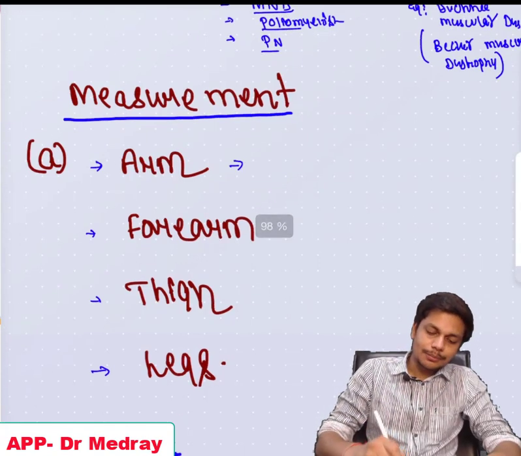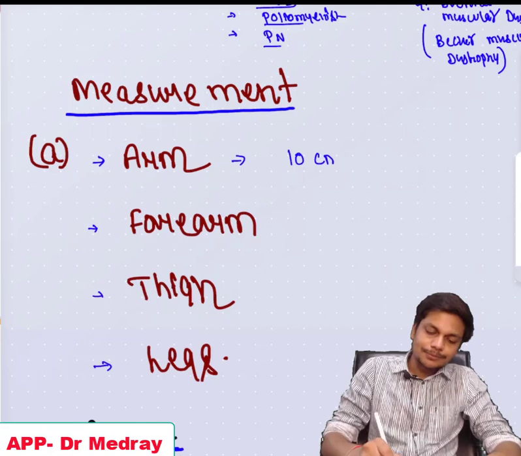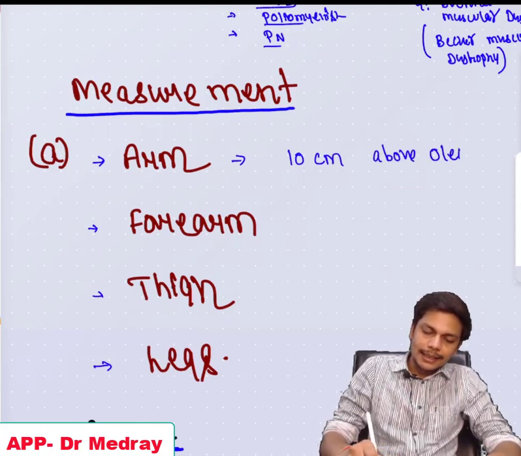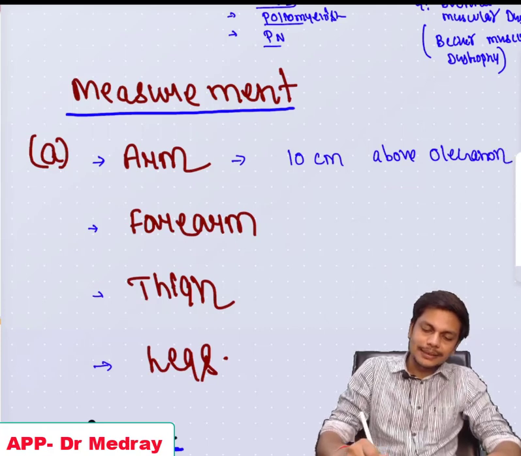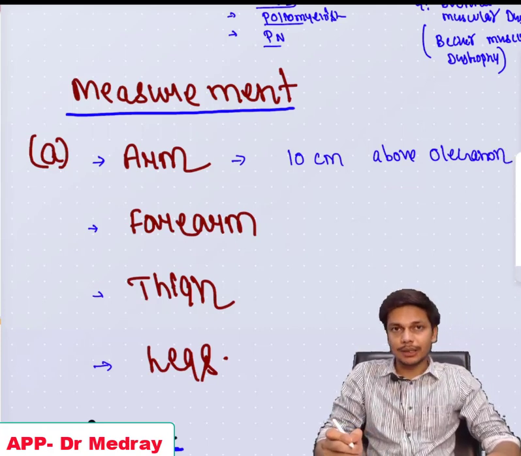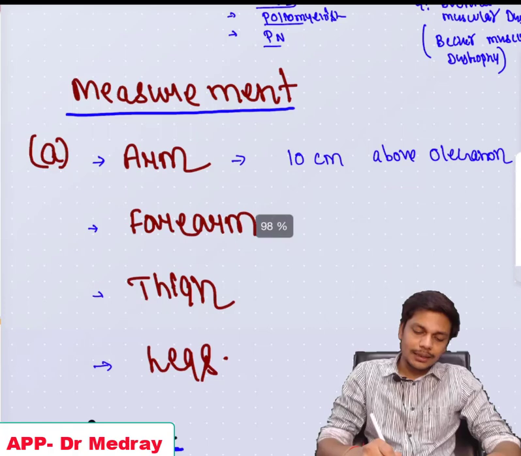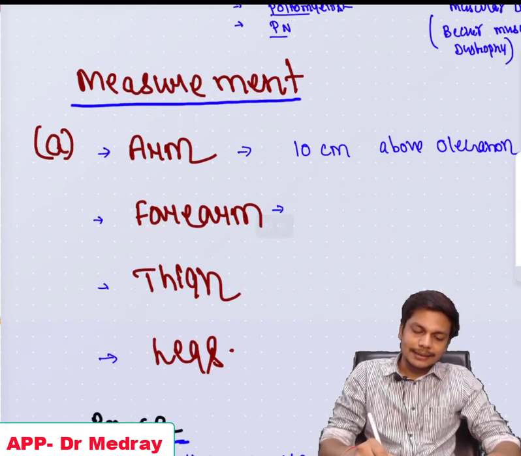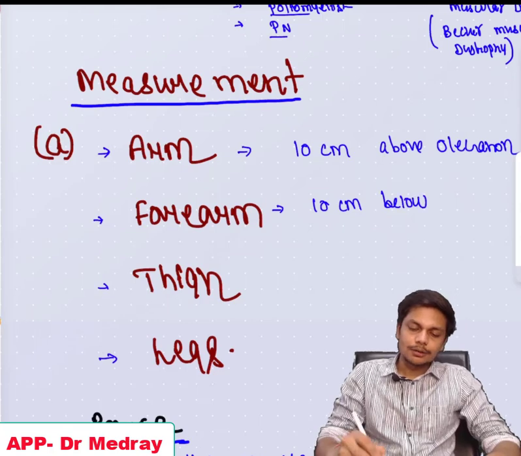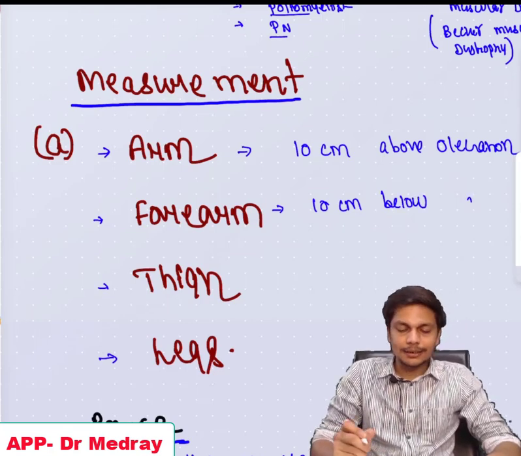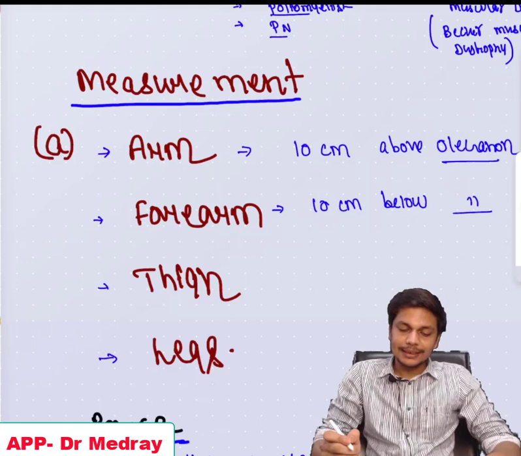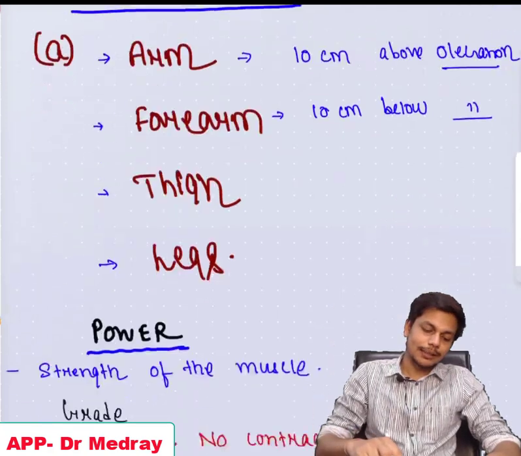In the arm you have to measure 10 centimeter above the olecranon, and in the forearm 10 centimeter below the olecranon. So the landmark is the olecranon.